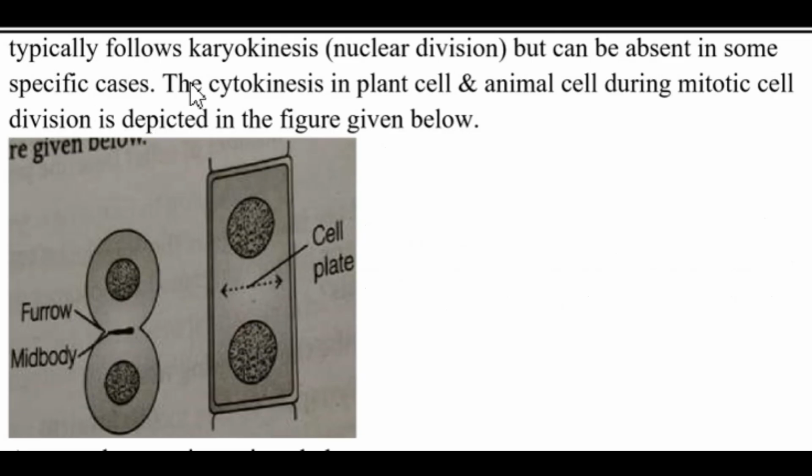Cytokinesis typically follows karyokinesis, which means nuclear division, but can be absent in some specific cases. The cytokinesis in plant cell and animal cell during mitotic cell division is depicted in the figure given below. You can see a figure here with cell plate formation.